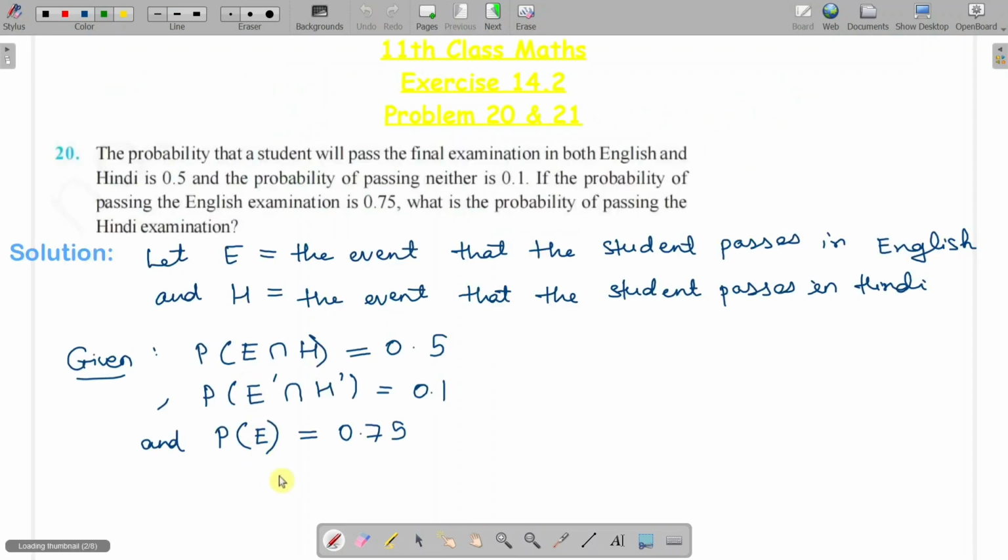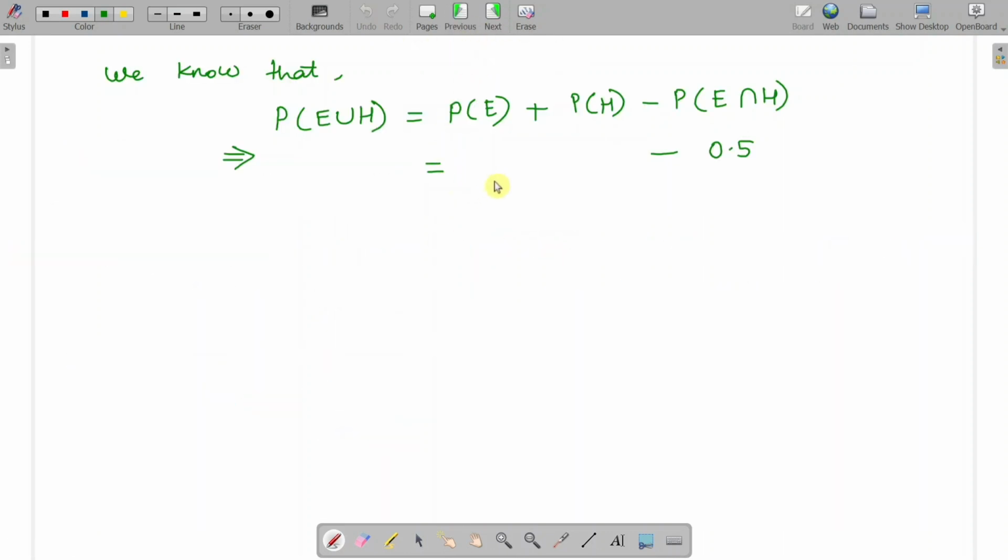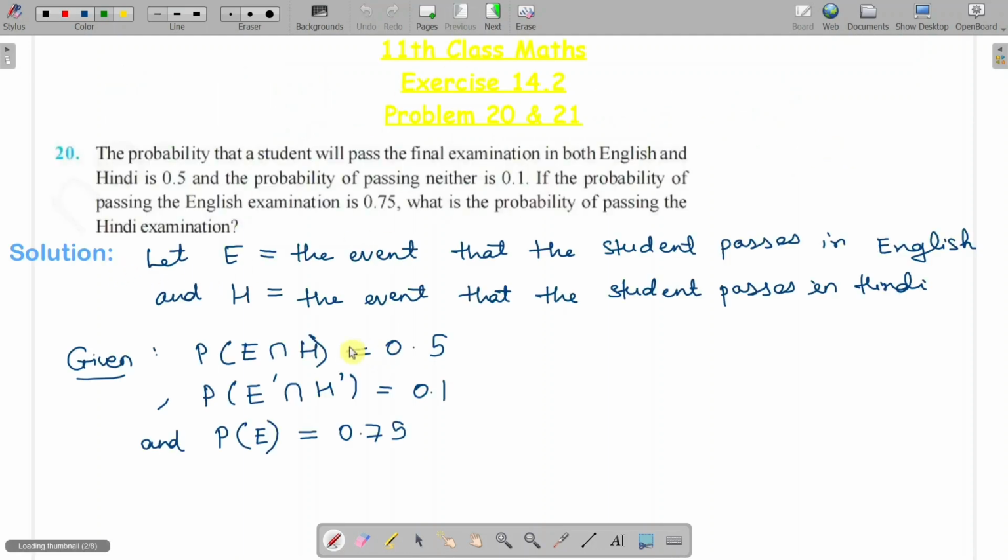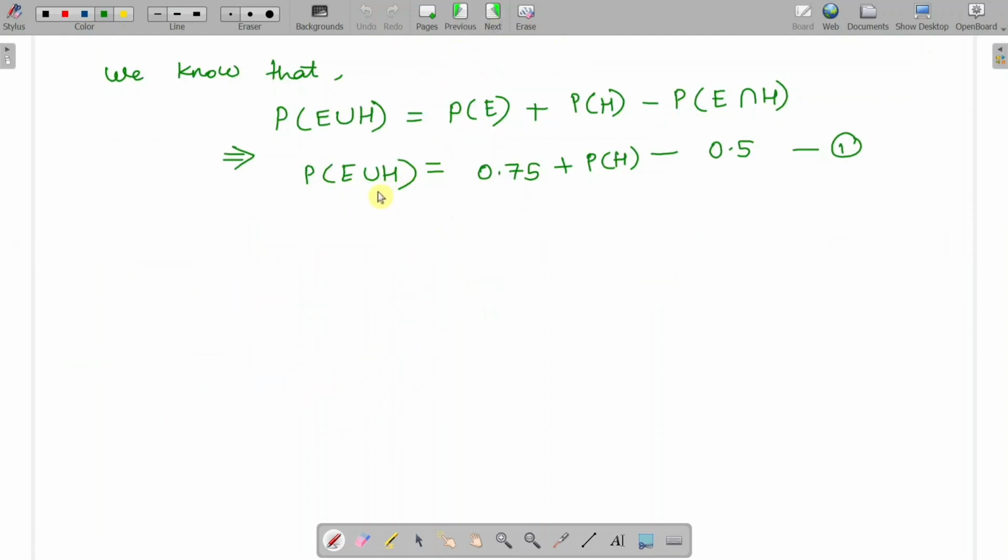Then probability of E also we have, 0.75, and we have to find probability of H. And also we don't have probability of E union H. So let us call this as 1. So what we will do is we will find probability of E union H.